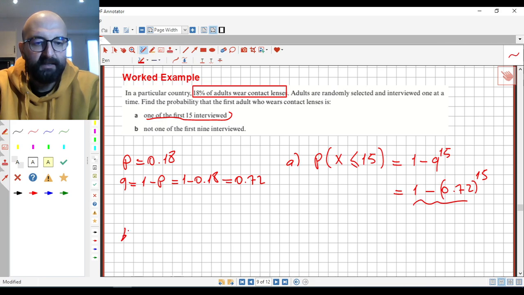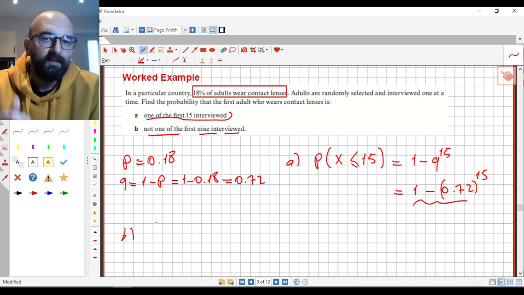And B, not one of the first 9 interviewed. Not one of the first 9 interviewed, which means maybe we come across the 10th or the 11th interviewed adult who wears contact lenses.